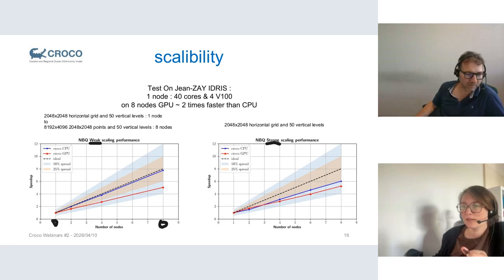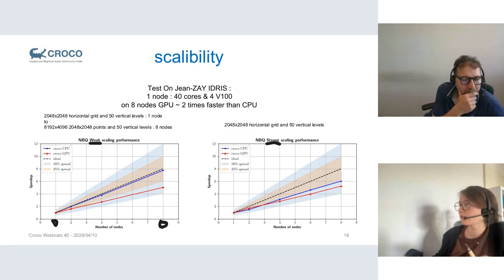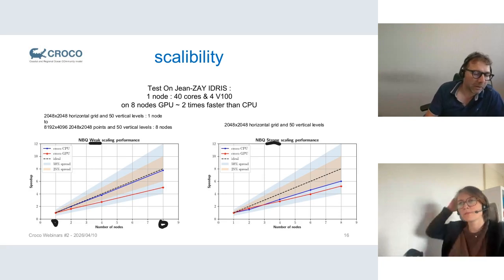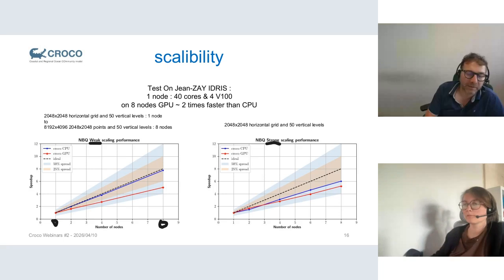And Konstantinos has a question. Can we have multiple cards? Is there a large delay in transfers? Generally, on a cluster, on a node, you have at least 4 cards and sometimes 8 cards. And transfer inside the node is very fast from card to card, so it should not be a problem.